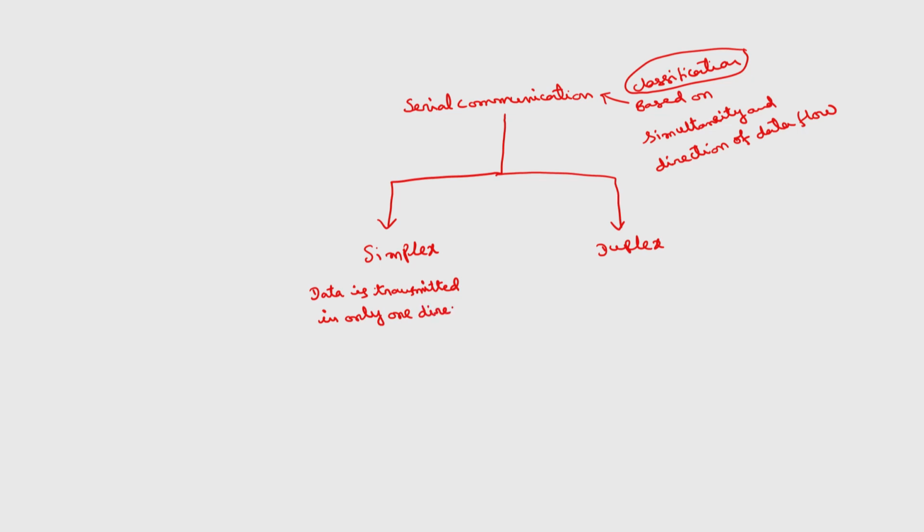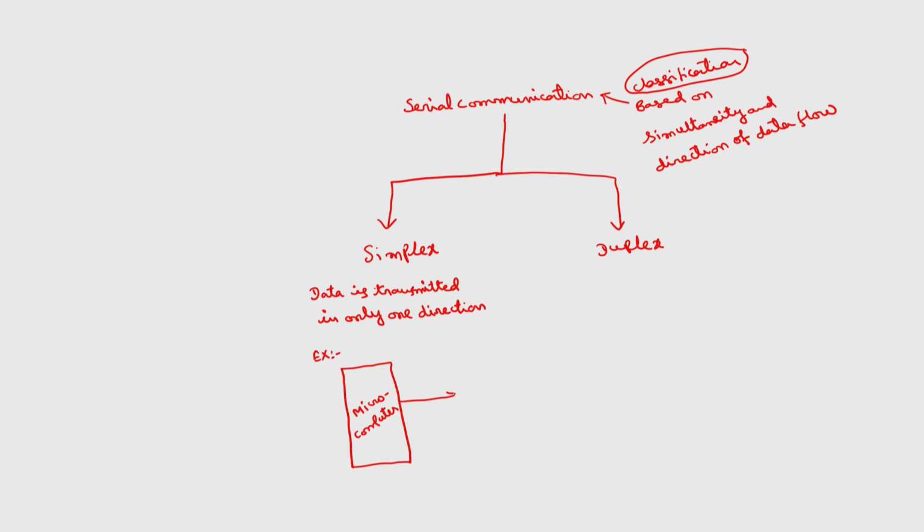So, what is the example of the simplex type of data transfer? The example is from microcomputer to printer. All the time I am calling it a microcomputer, meaning the CPU of the microcomputer is a microprocessor, so this is basically a microprocessor based computer.